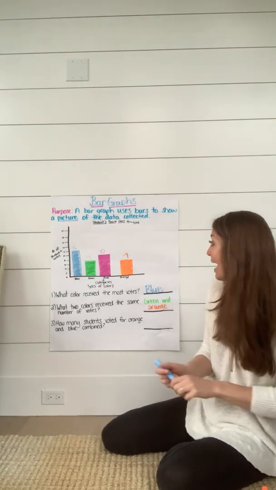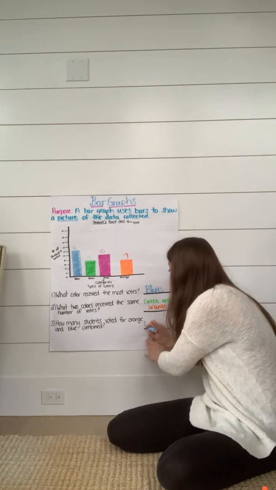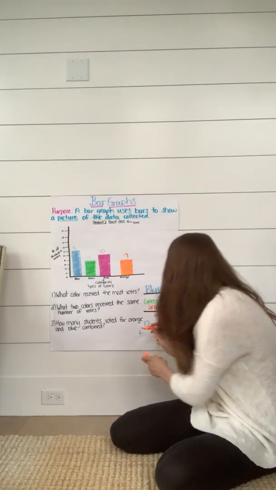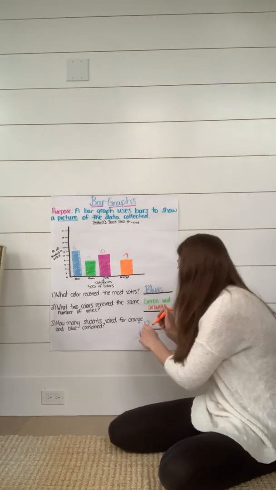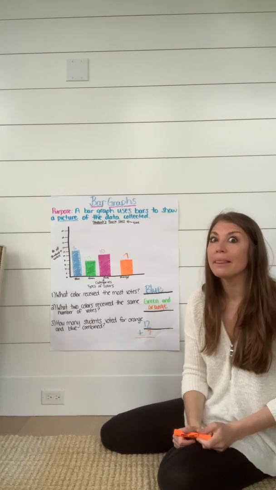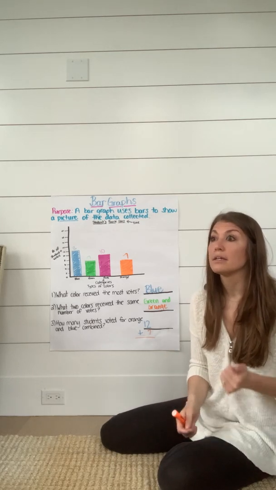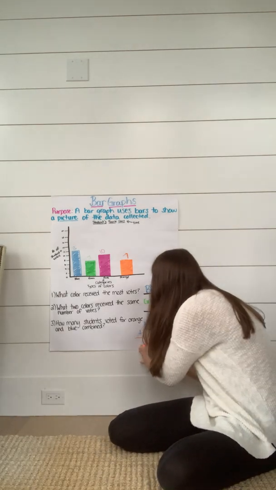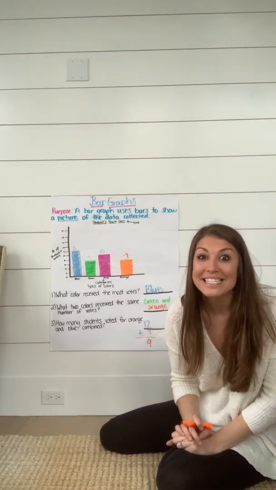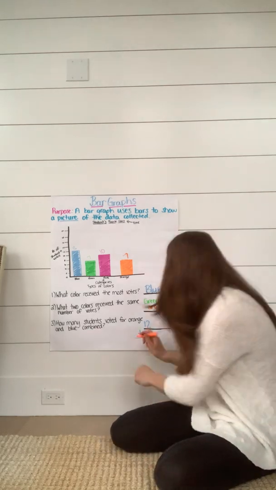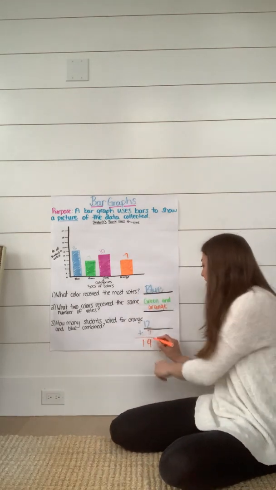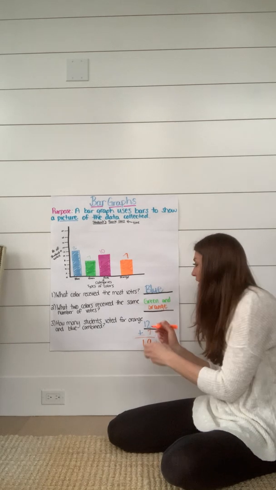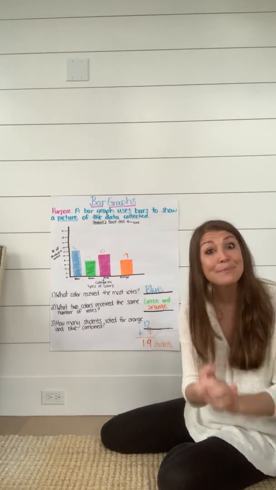So I'm going to add 12, and I'm going to add that with 7. And now I'm thinking, 7 plus 2 equals, what does it equal? 9. 1 plus 0, 1. So I know that 19 students voted for orange and blue combined.